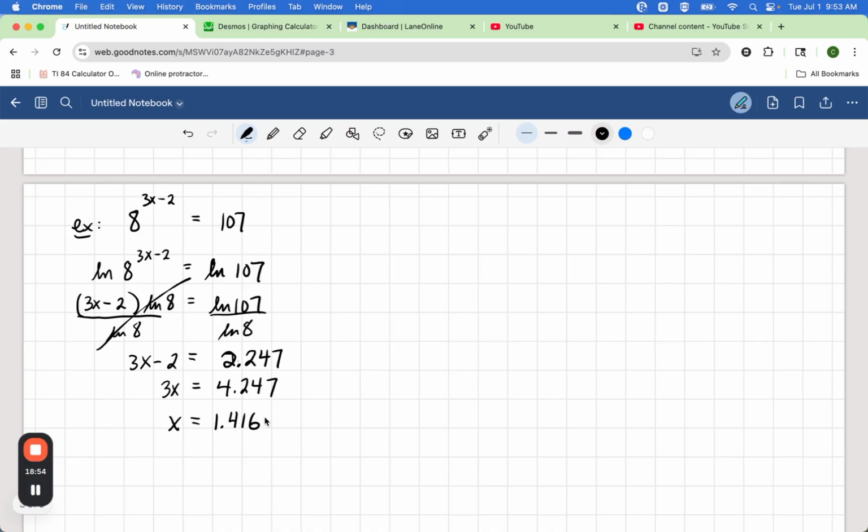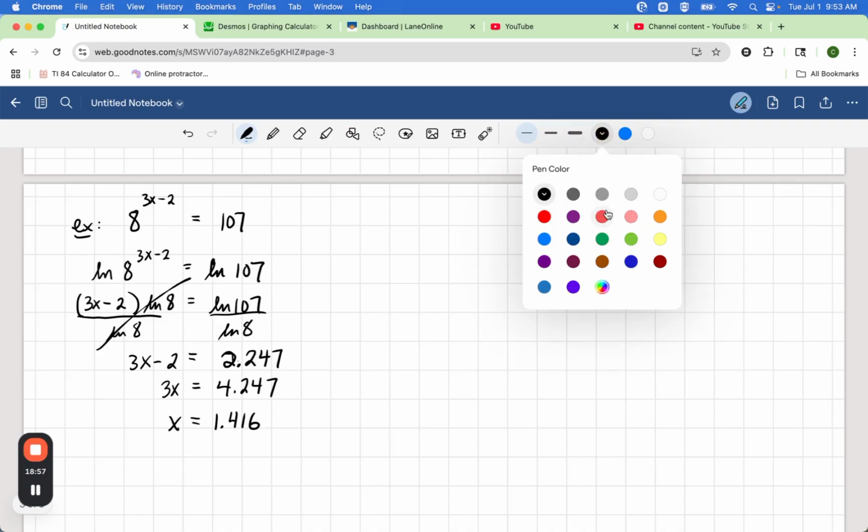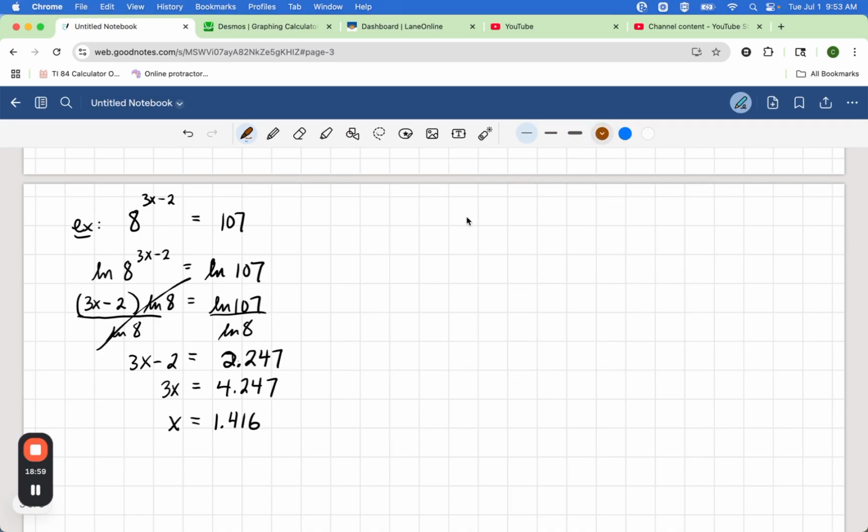All right. So this is going to be a running theme that you're going to ln both sides of an equation. We're going to be doing it an awful lot in the last few sections of this course. Okay, so 75 times 1.38 to the x equals 150. Divide both sides by 75 first, right? Because you don't just have b to the x, you have a times b to the x. So ln'ing both sides with that number out front is going to add an extra challenge. So we're going to divide that number first.